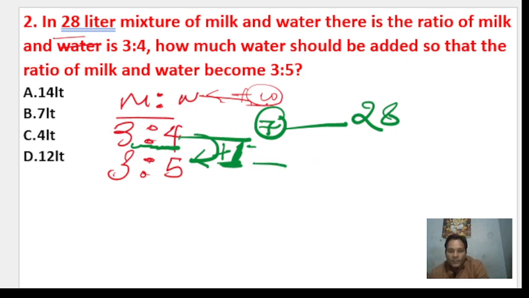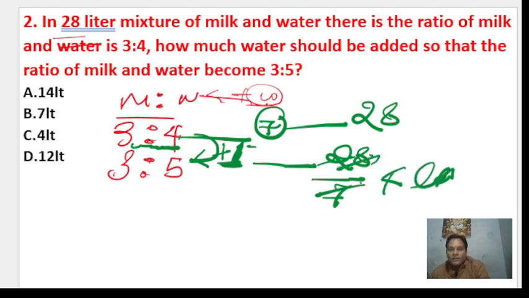So how do we get the value of 1 unit? We divide 28 liters by 7. So the value of 1 unit is 28 by 7, which is 4 liters. You can say he should add 4 liters of water to make the mixture 3 is to 5.